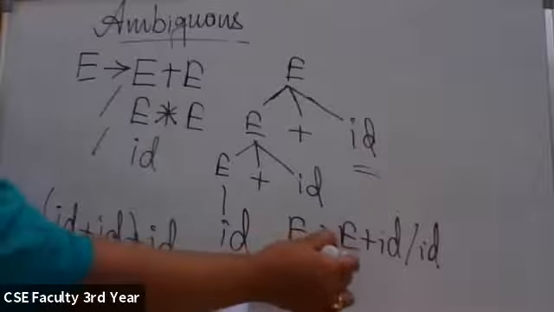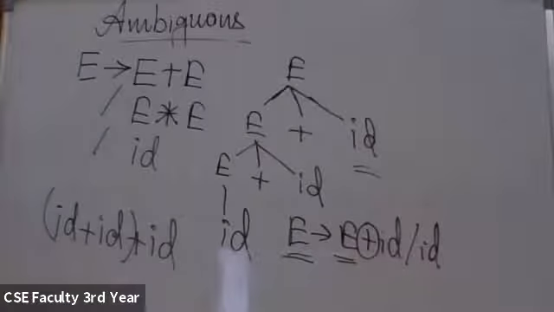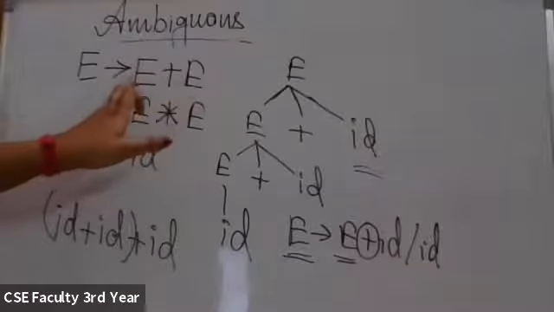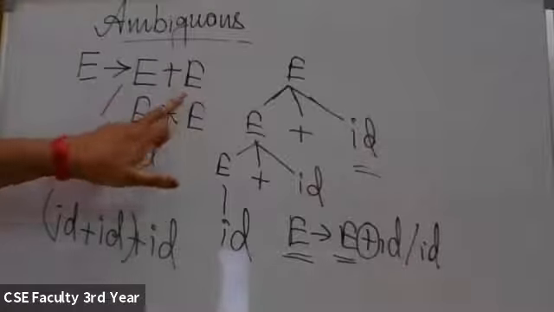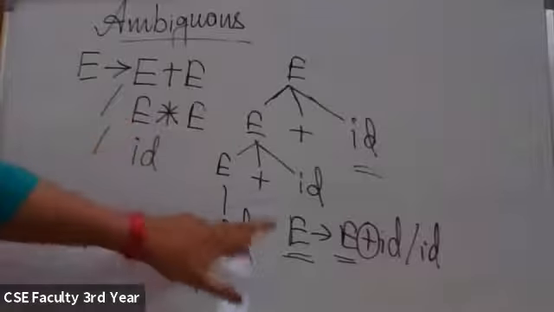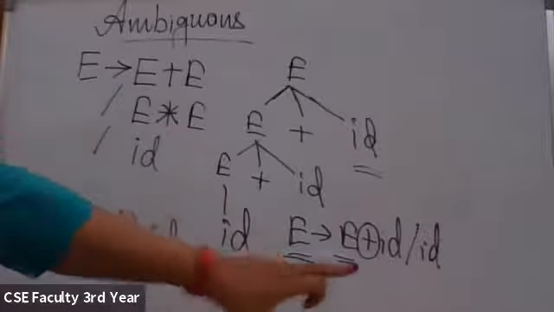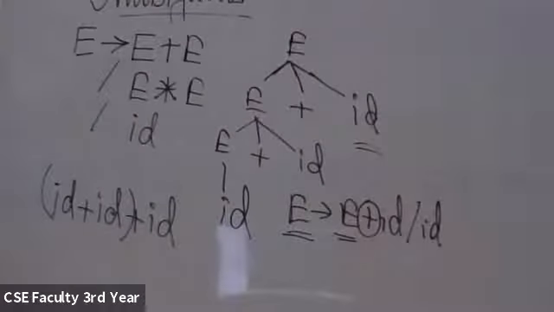If it is present in the left hand side of this operator, then this grammar is left recursive. Here it was not specified. Both the options were open. It was present in the left side as well as in the right side. Here also it was present on both sides. But here this variable E is only on the left side now. That means you have forcefully made this grammar left recursive.